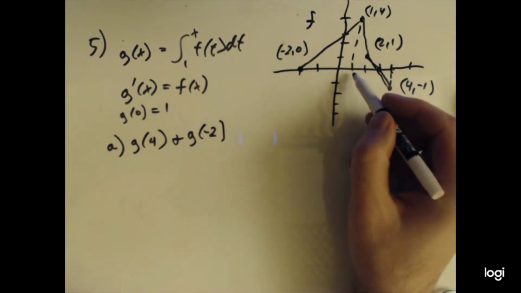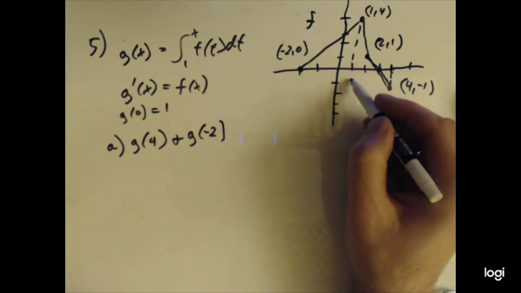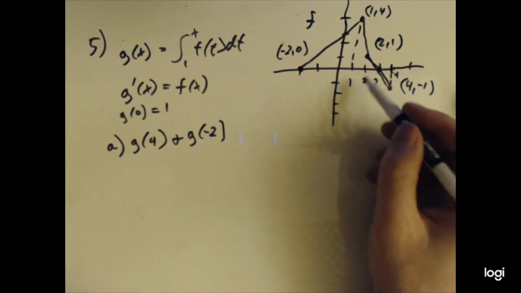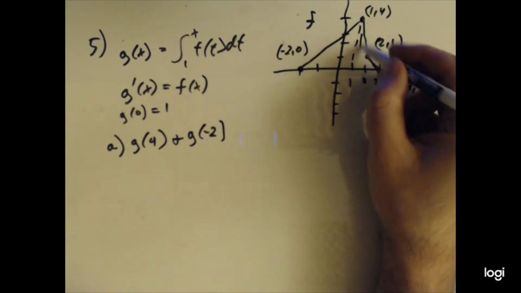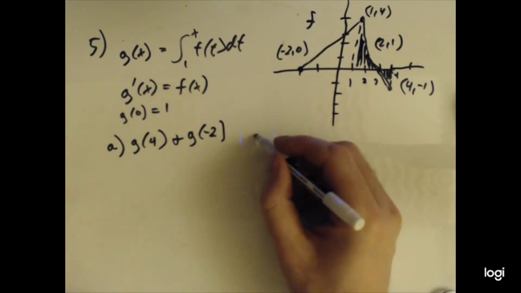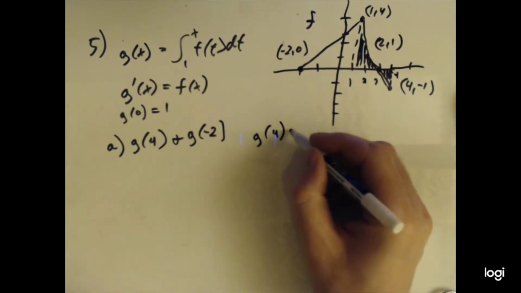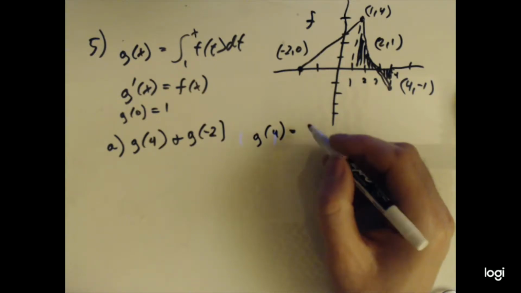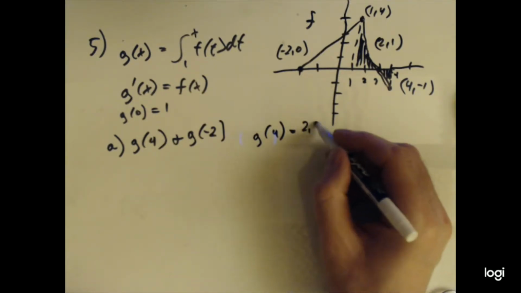So remember, g of 1 is 0, at 1, 2, 3, and that's 4. Then we add up positive area, and then negative area, and then g of 4 is going to be 2.5.